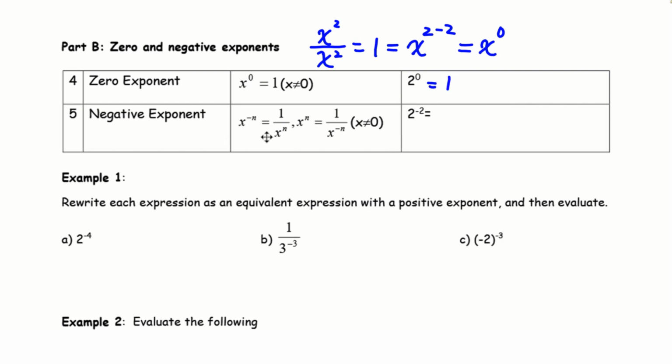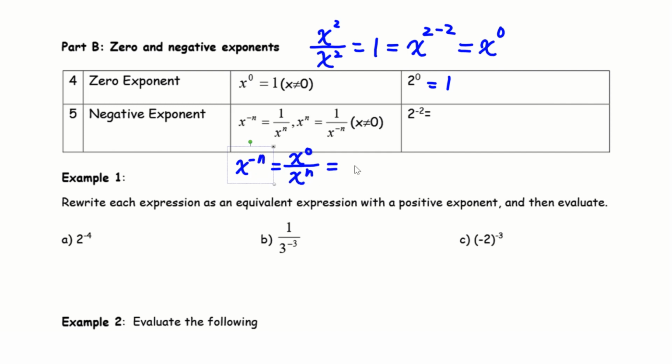And the negative exponent, we could think that x to the exponent negative n equals x to the exponent 0 divided by x to the exponent n. So 0 minus n gives you x to the exponent negative n.